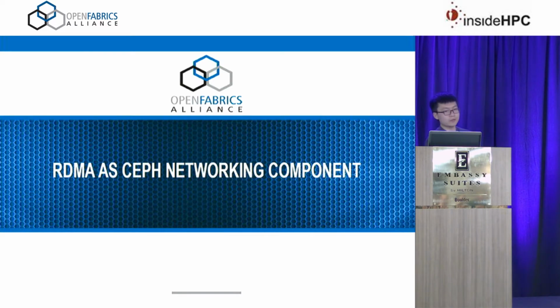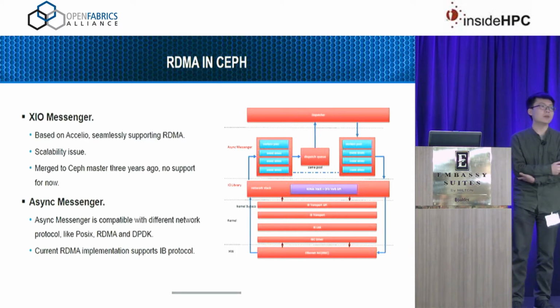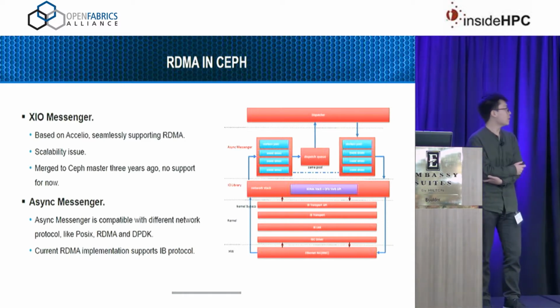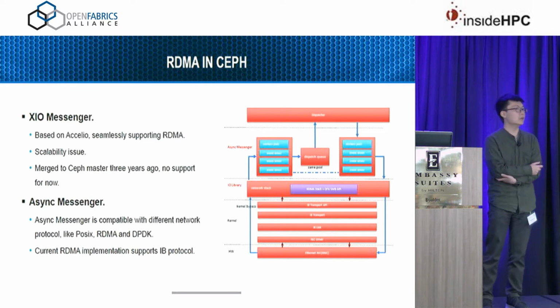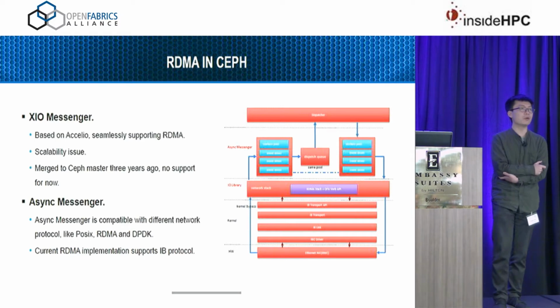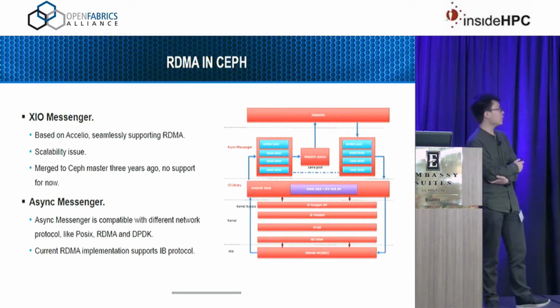So, RDMA and the Ceph networking component. With deeper investigation, we found that RDMA already exists in the Ceph networking component. There are two RDMA implementations. The first one is XIO Messenger. XIO Messenger is based on the Accelio project. Accelio is a networking library that supports different kinds of RDMA protocols. So XIO Messenger supports the different kinds of RDMA protocols that the Accelio project supports.